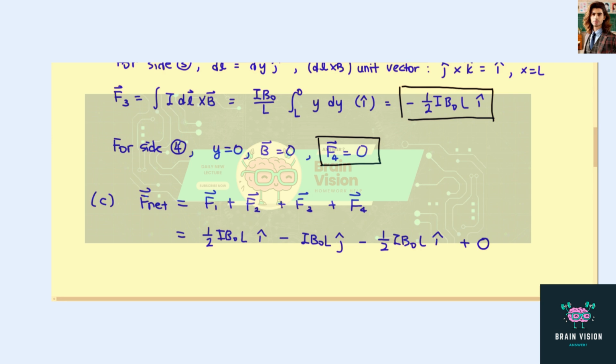You can see that these two terms cancel out. So we are left with minus I B naught L j hat. This is the net force on the current loop, and that's all for this question.